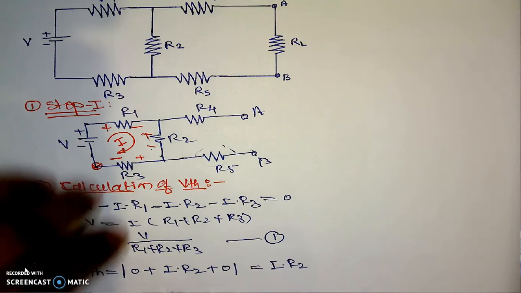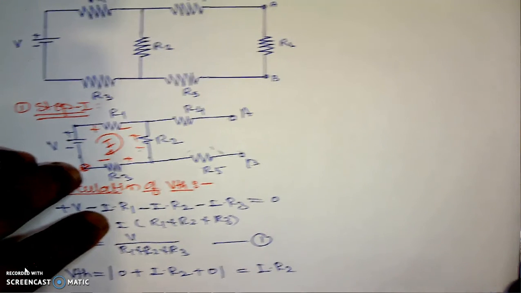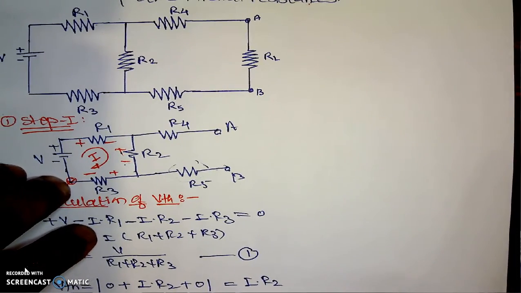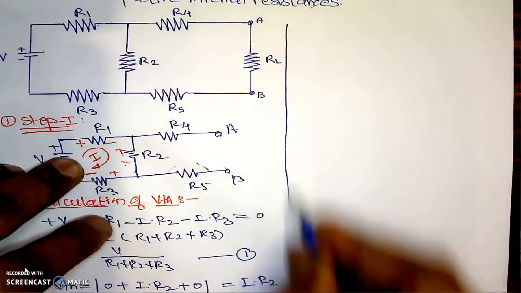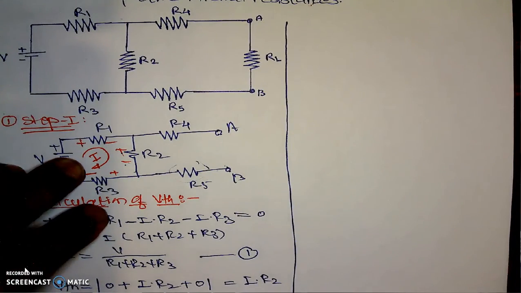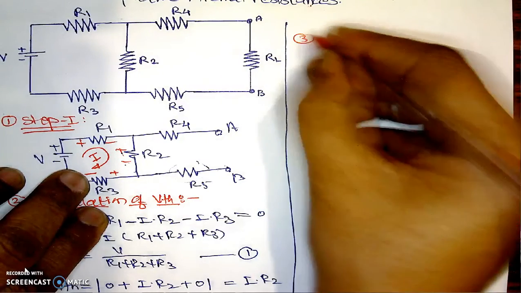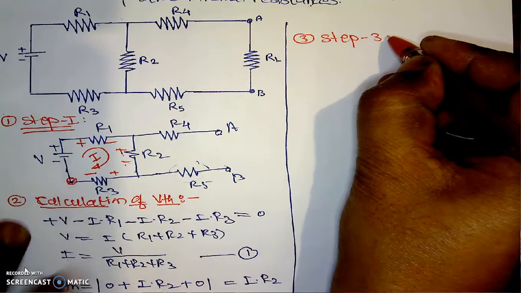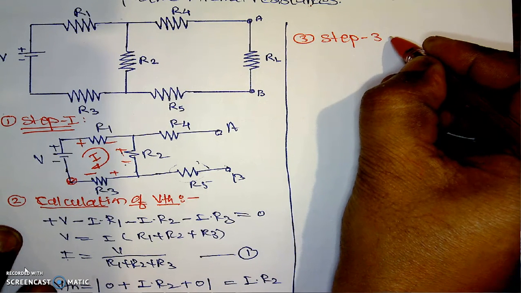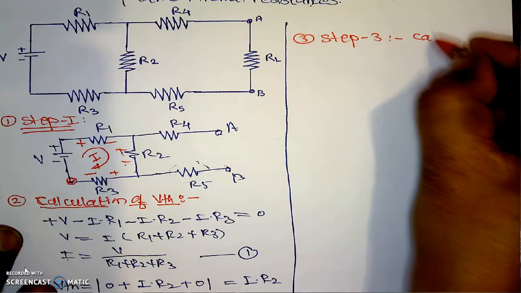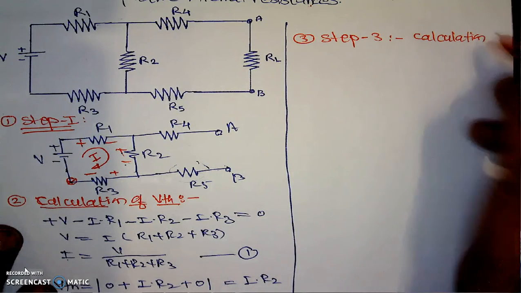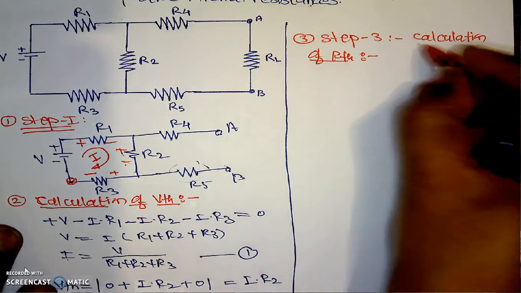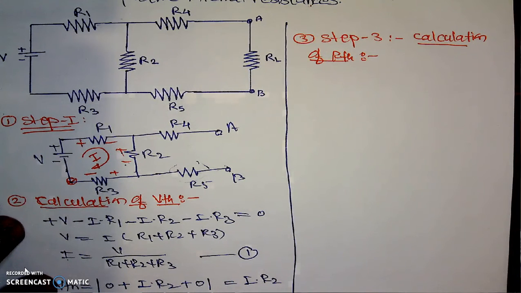Now here, if we know the value of the VTH, then next is the third step: calculation of RTH, that is, calculation of the Thevenin's resistance.